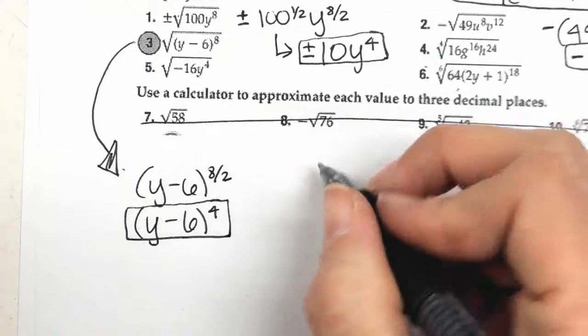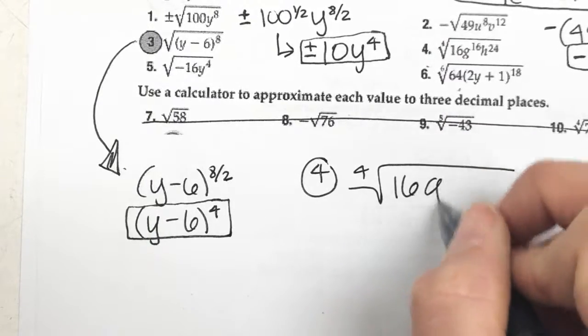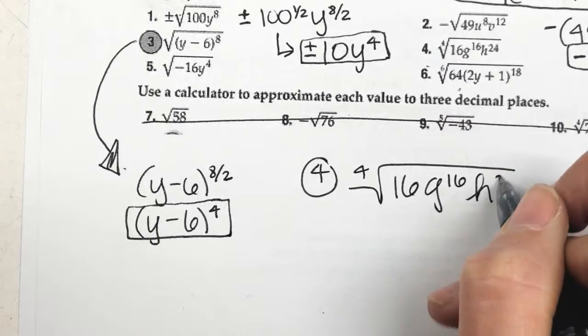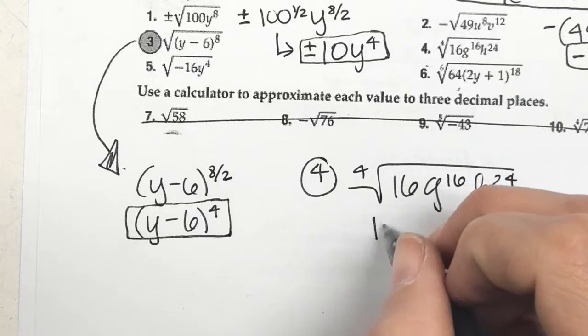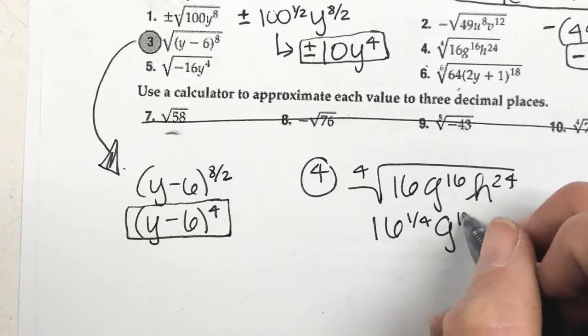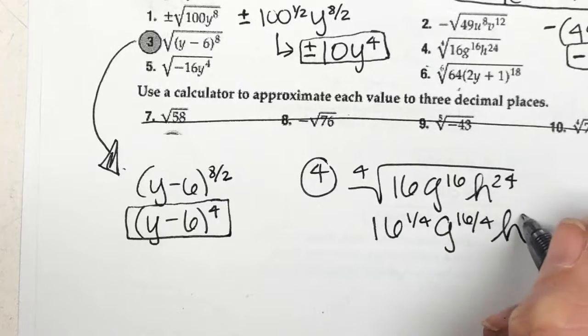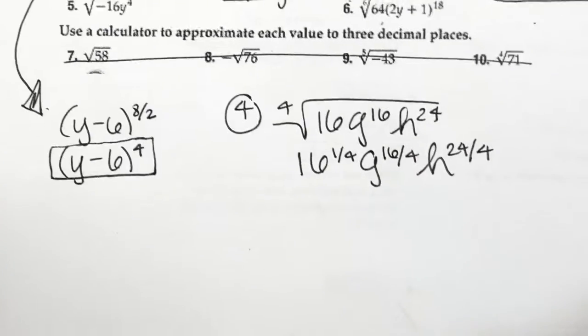Alright, number 4. I'll go ahead and write it down here. This would be 16 raised to the what power? G raised to the, and H. Okay. So what is 16 raised to the 1/4?